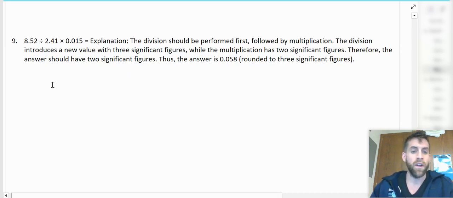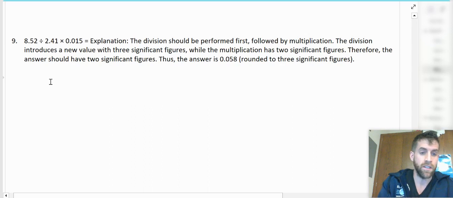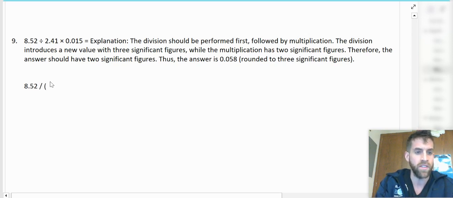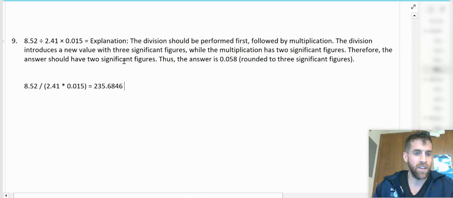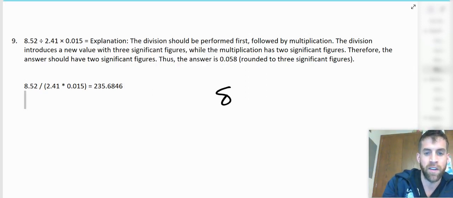Okay, so what we are doing here is we, in fact, want to account for everything here. So let's actually do this problem. 8.52 divided by parentheses 2.41 times 0.015, and that's going to equal. So this is funny, because if the division does indeed get performed first, if we wrote this out, what's boggling in my head here is that we have 8.52, right?